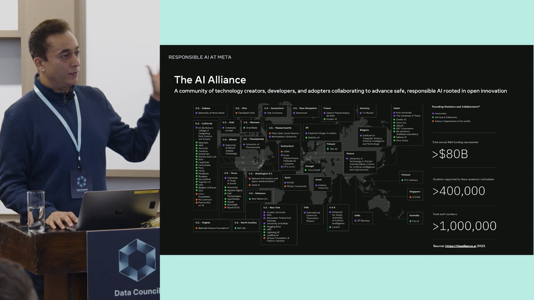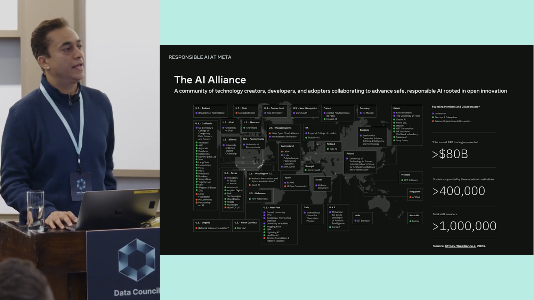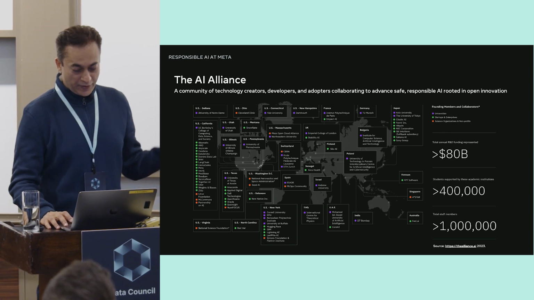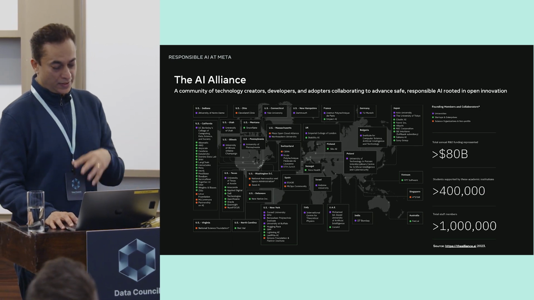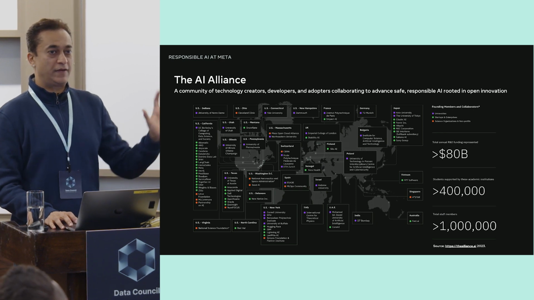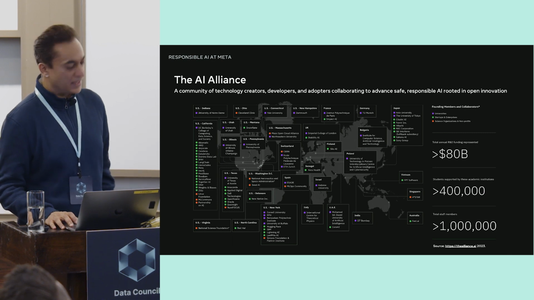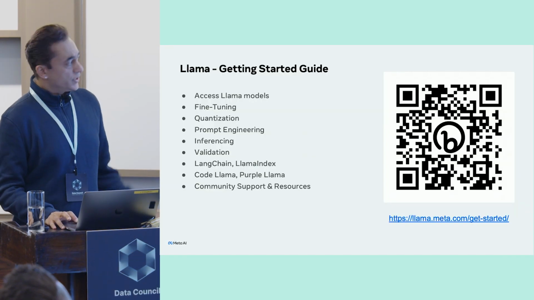And like I said, we are working with the entire consortia. So IBM and Meta have started an AI Alliance, which has over 50 members on that team. And we are making sure that most of the tools and frameworks are open source and also working on safety standards.